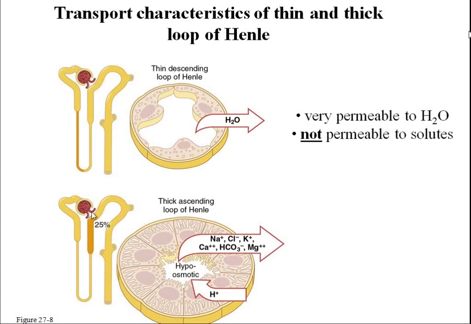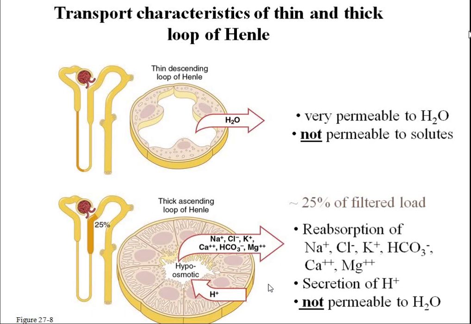While this figure tells us about the thick ascending limb of the loop of Henle, where 25% of reabsorption is taking place. So you can see these many ions are being reabsorbed. Here also the activity of the cells increases, the cells become taller. So 25% of the filtered load is reabsorbed in the thick ascending limb of the loop of Henle. There is reabsorption of all these ions.